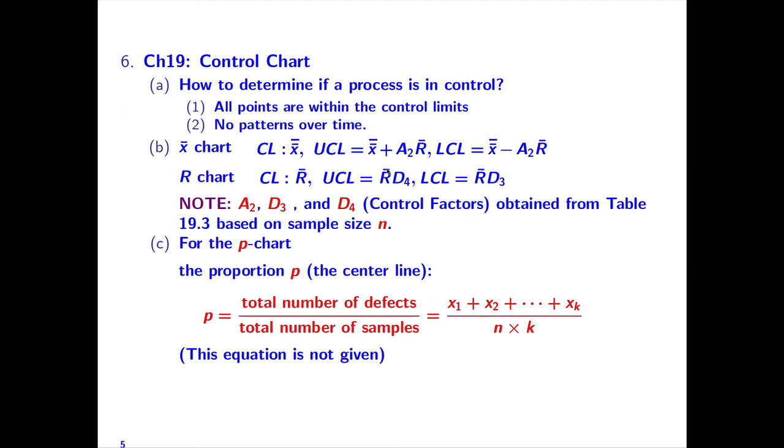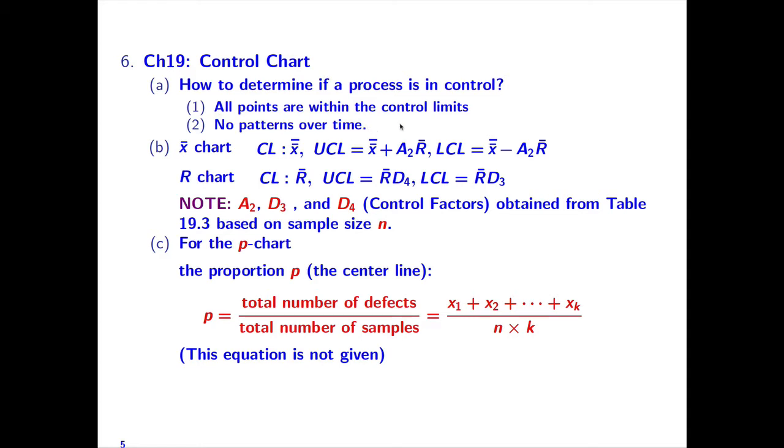Now, for chapter 19, I would like to mention the following. A, to determine if a process is in control or out of control, we need to consider 2 conditions. Condition number 1, all points are within the control limit.